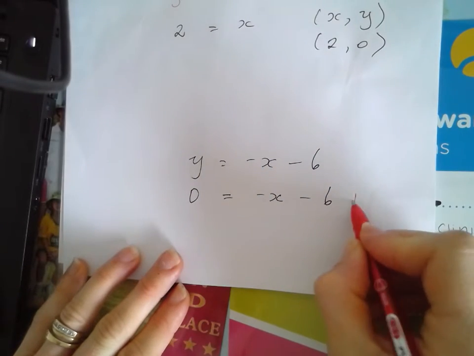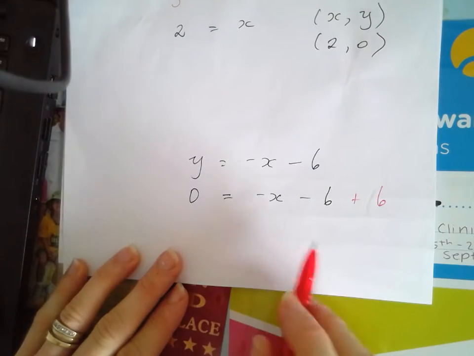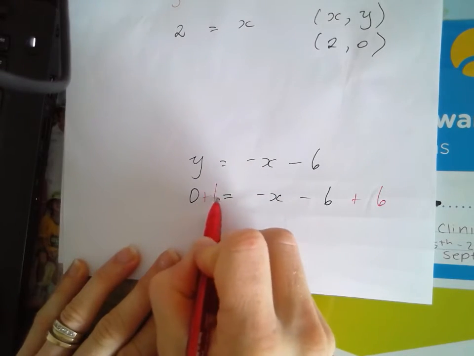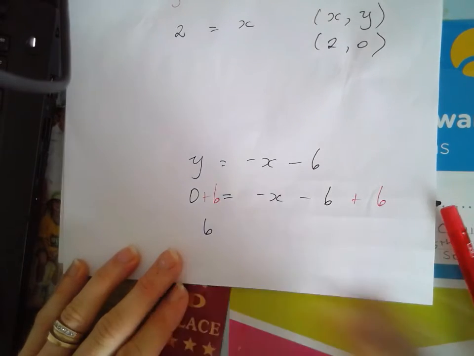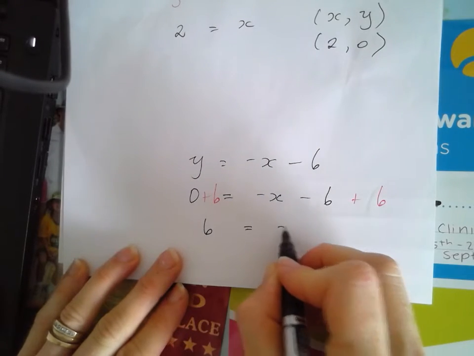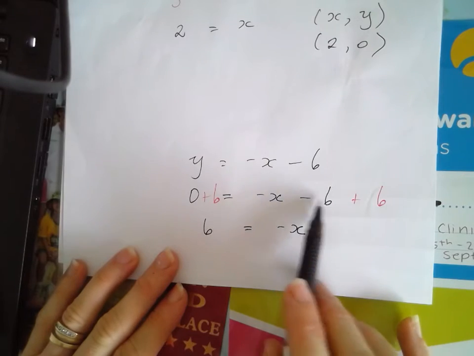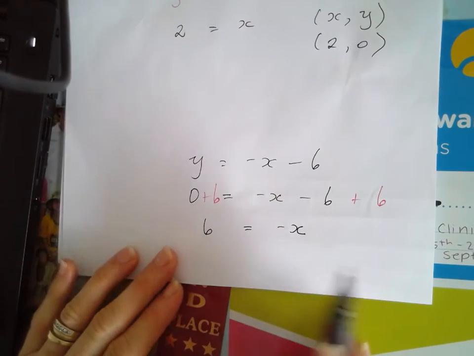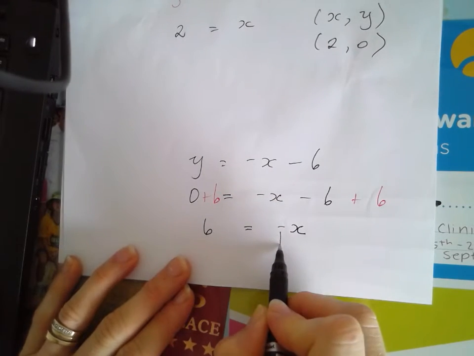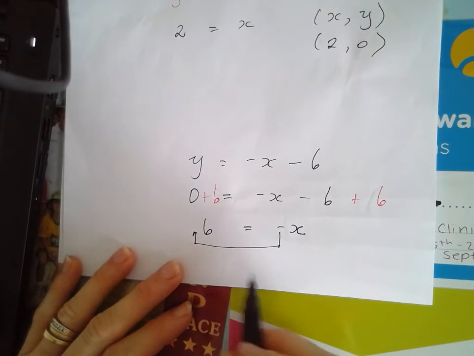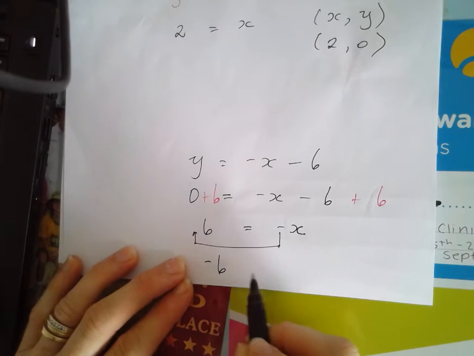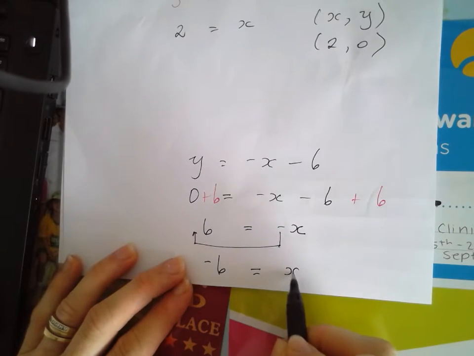I would go +6 on the right hand side, so therefore you have to +6 on the left side. So then you've got a value of 6 here, and equals -x is left on this side because you've cancelled all of this out here. The only thing I can suggest is that -x doesn't make any sense, so you bring the negative over here and you end up with -6 equals your x.